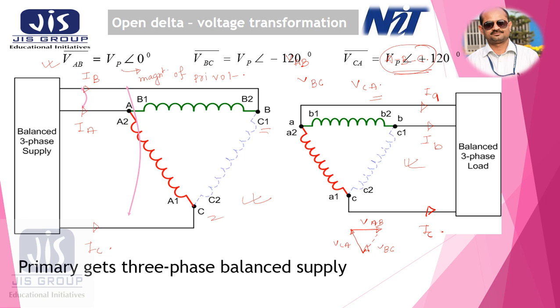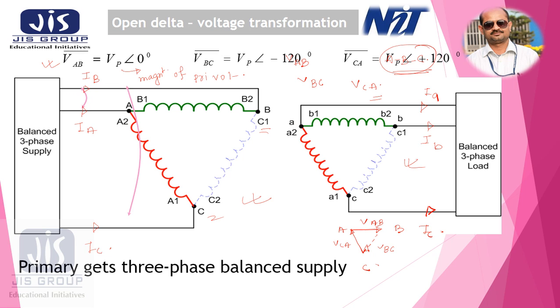Okay, and this is A, this is B, this is C. So this is the primary voltage phasor diagram, a three-phase balanced voltage which is the same in magnitude and displaced from each other by 120 degrees.